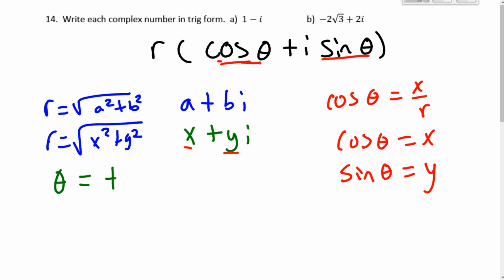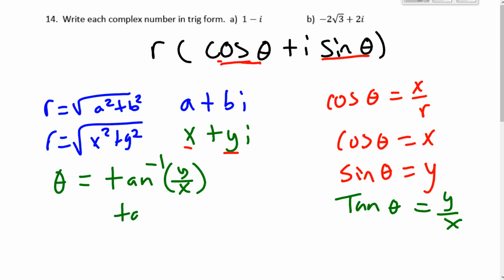Our theta we can find by taking the inverse of tangent. Tangent is y over x, or sine over cosine. So the inverse would give us our angle of y over x, or b over a. The inverse of that is going to give us our angle.